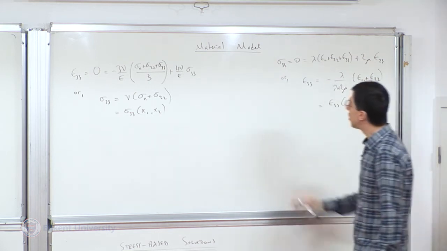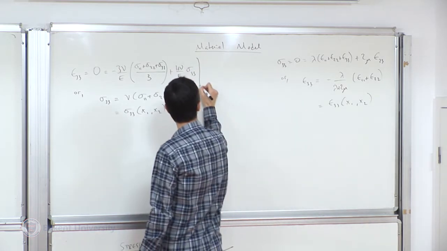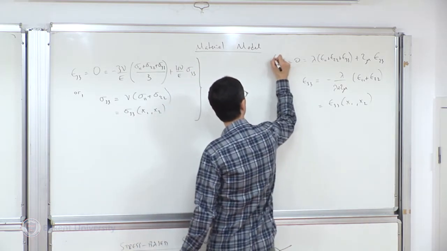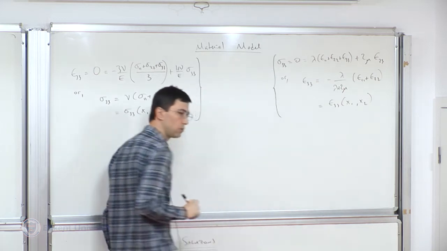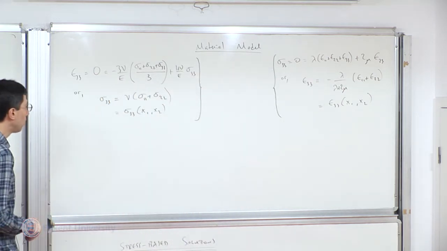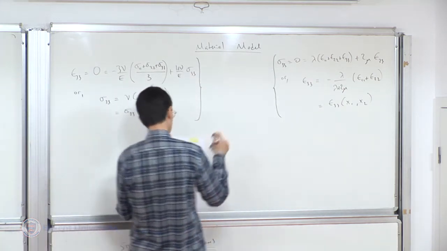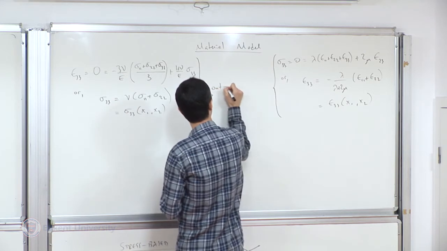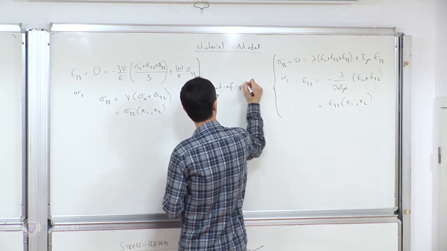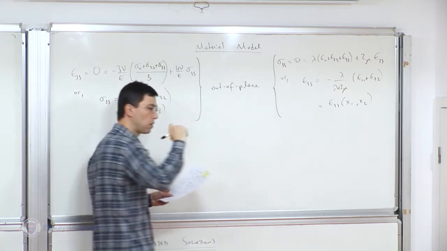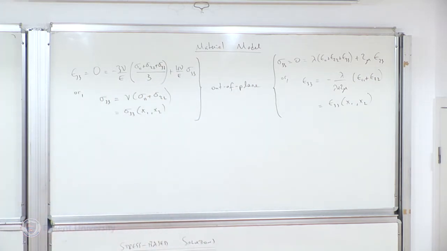Okay. So these, I've already used the wording once or twice since now. I will call the out-of-plane variations. Because in-plane components that I'm interested in, or the in-plane coordinates, are x1 and x2, plane stress or plane strain.